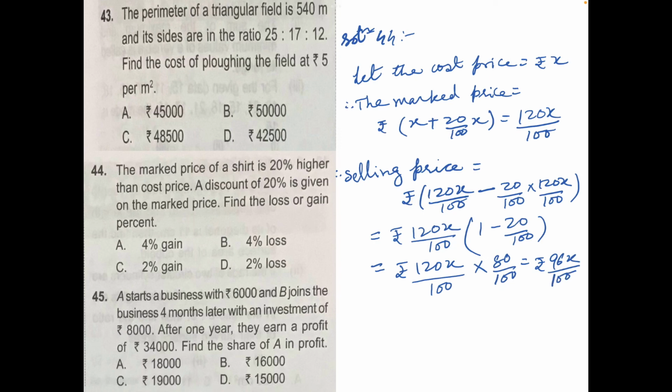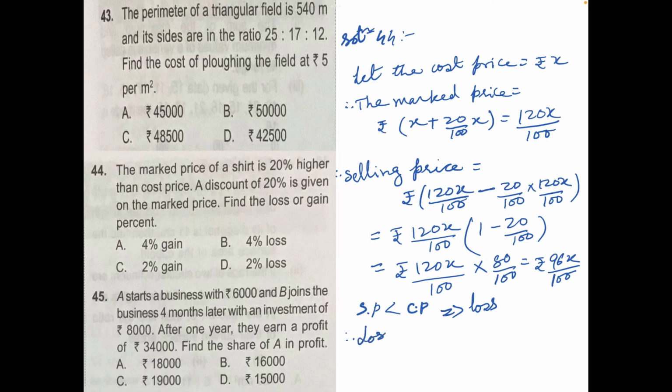Now we have to find the percentage, but first of all we have to see whether it is loss or gain. So whenever the selling price is less than CP, we have taken CP as X. So cost price X and selling price is 96x by 100. So SP is less than CP, so it is a loss. So we have to find the loss percentage.